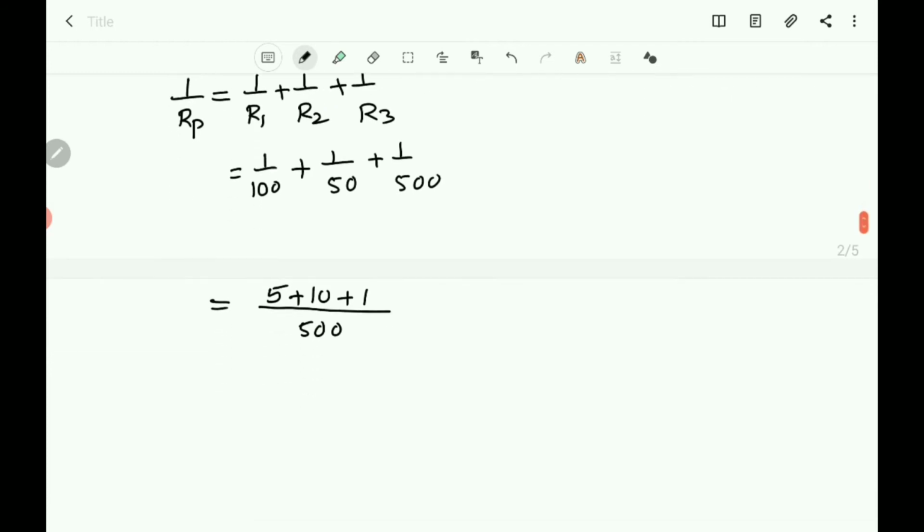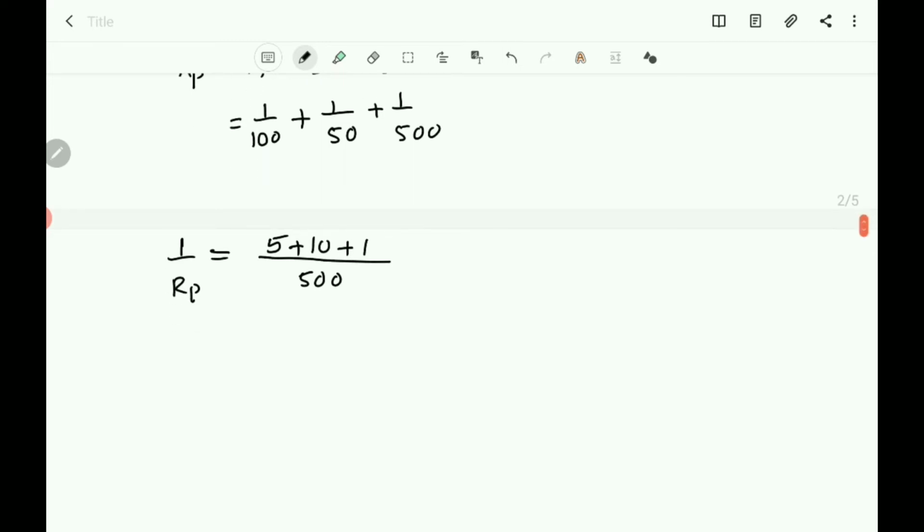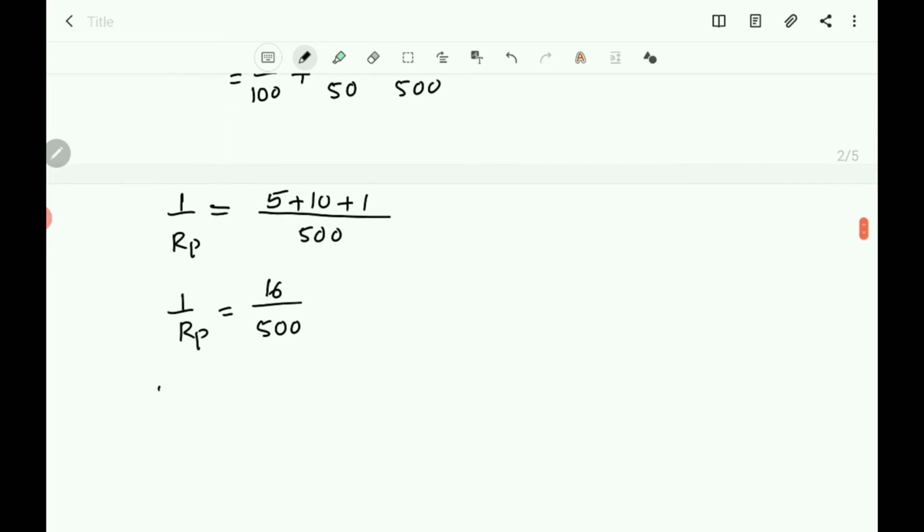Then 1 by Rp is equals to the sum of these, that is 16 by 500. Therefore you will get Rp is equals to 500 by 16.